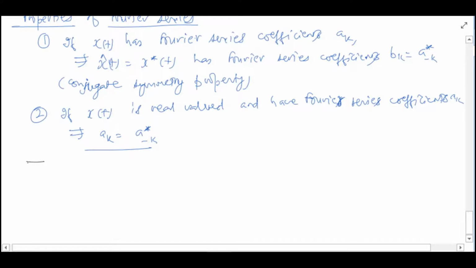The next point is, given a periodic signal x(t), how do we find the Fourier series coefficients a_k for x(t)?